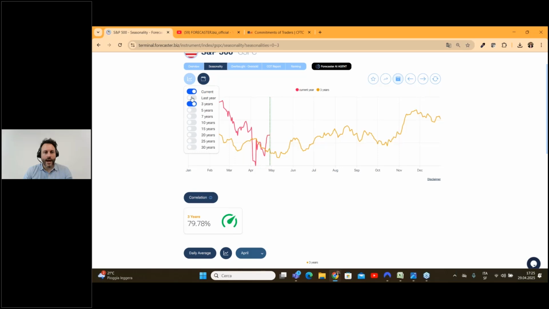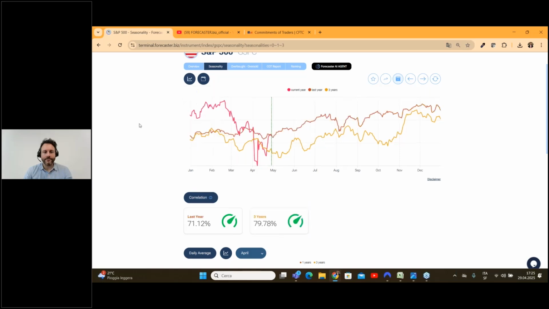We can also add the last year, and we can see that the current year is moving very, very similar to how it did in the last year, 71%, and in the last 3 years on average, okay?